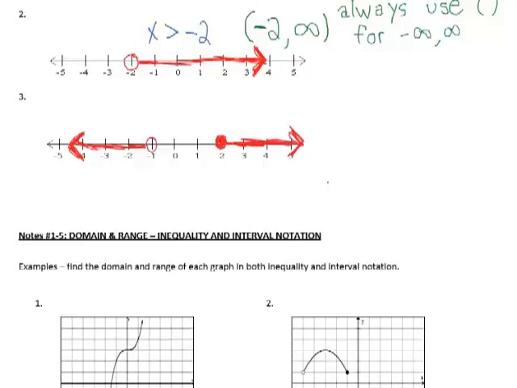Alright, for inequalities on this one, we write it a little differently. Notice I'm going to use x again. My x values, I've got two situations here. So x is either this way, going to the left, getting less than. So for this one, x is less than -1.